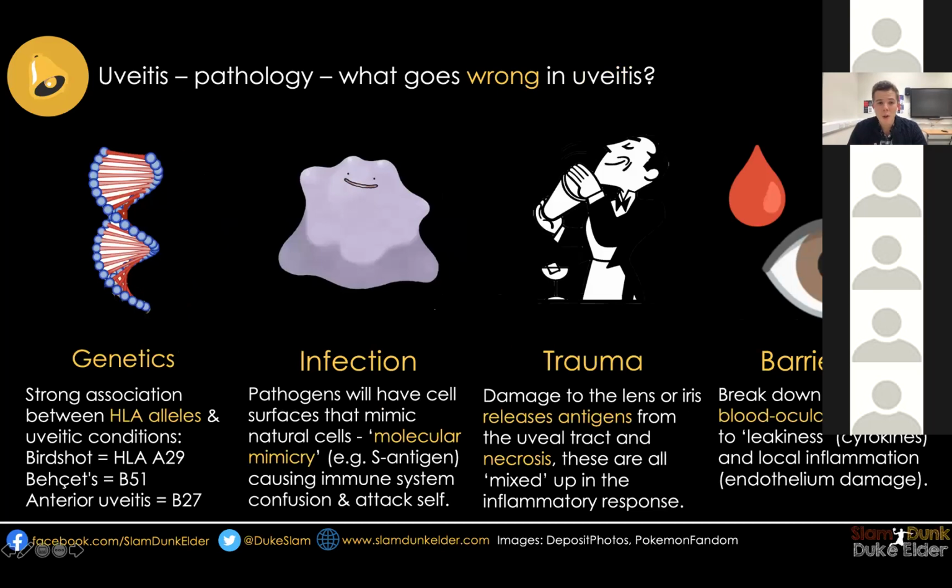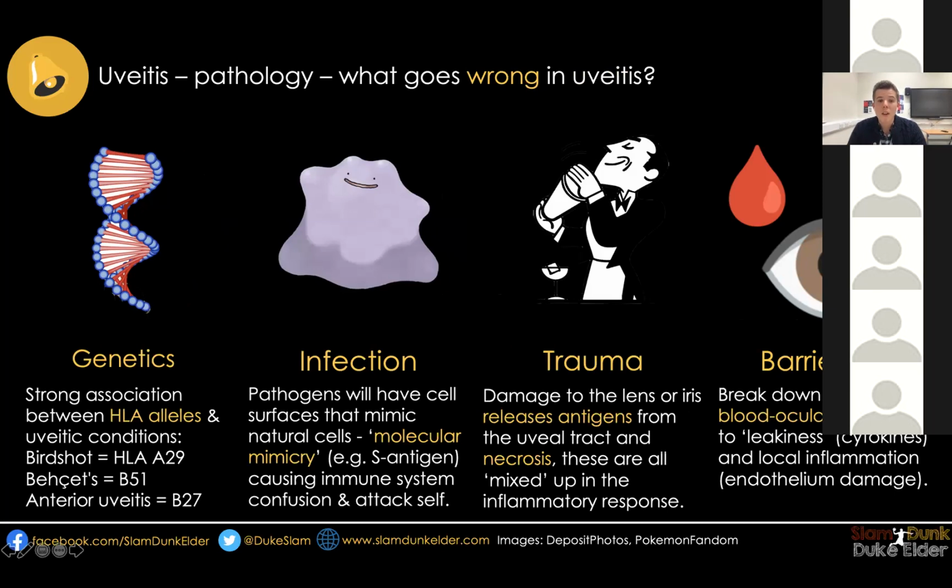What goes wrong in uveitis, unfortunately, is that certain molecules are recognized as pathogenic. These are known as the HLA molecules, okay? Human leukocyte antigens. There are certain classic culprits for uveitis that are linked to certain diseases. These molecules, unfortunately, are recognized as pathogens, and so the immune system attacks them and causes a uveitic picture.